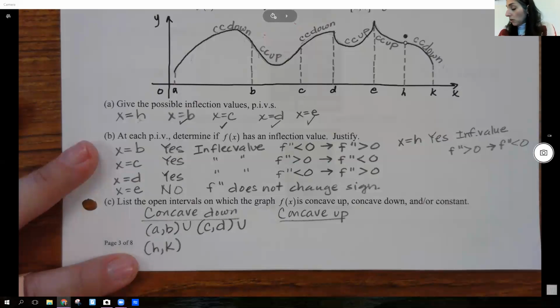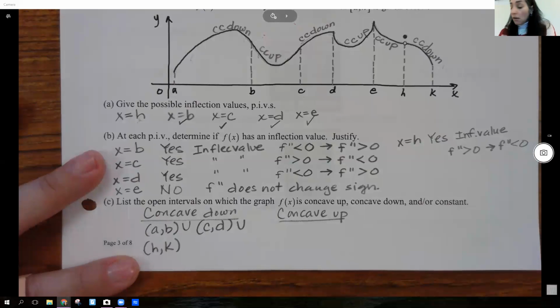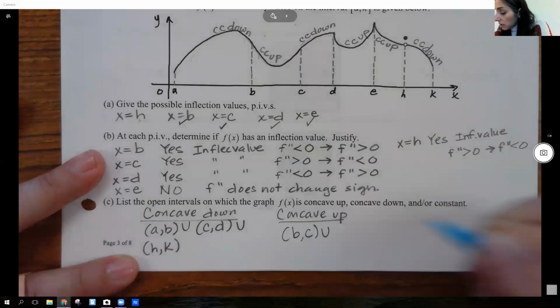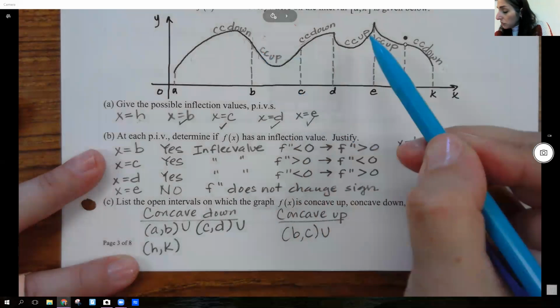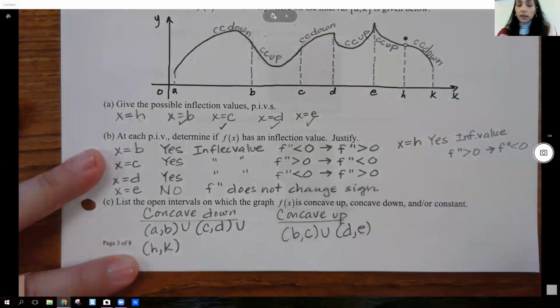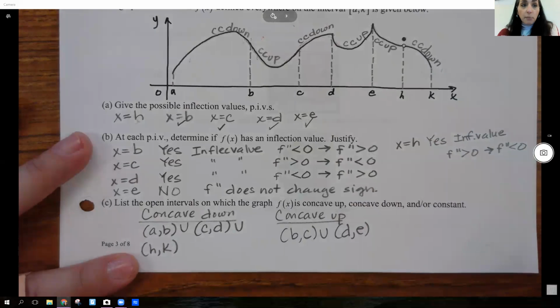The graph is neither concave up nor concave down at endpoints, so open intervals. Concave up is going to be from B to C in union with D to E. Yes, you do need to separate D to E and E to H, because at E, we are not concave up, we are a cusp.